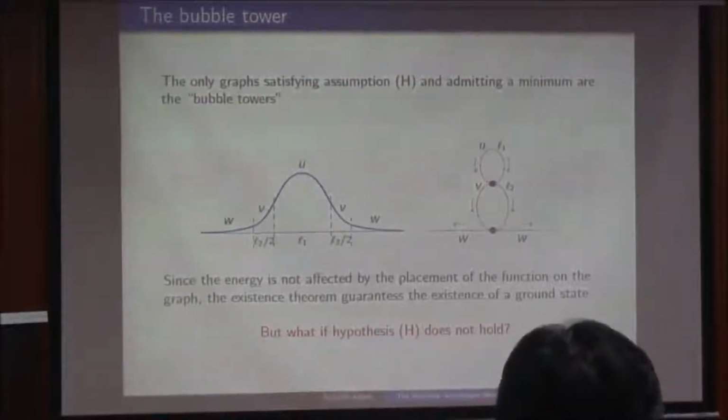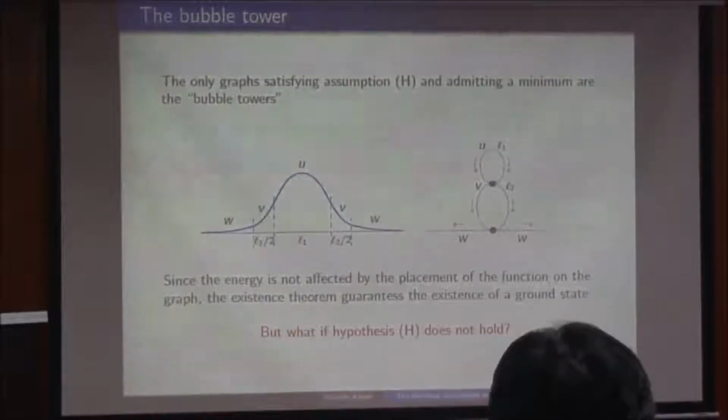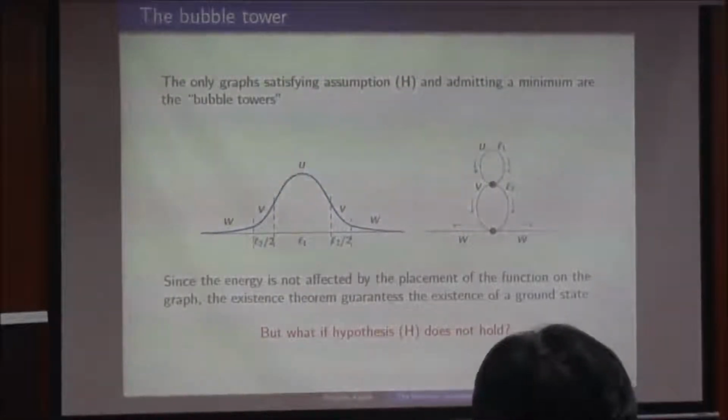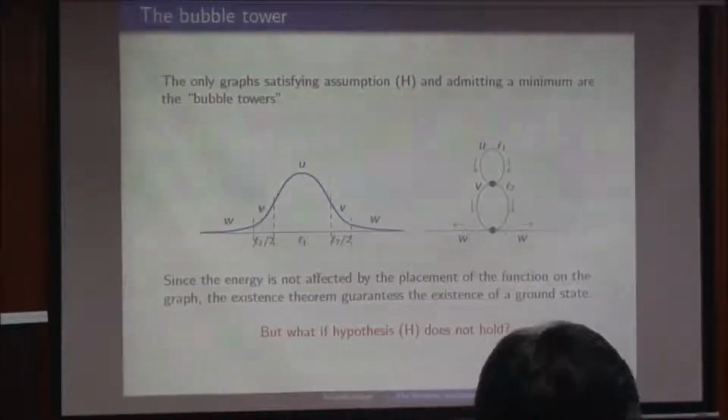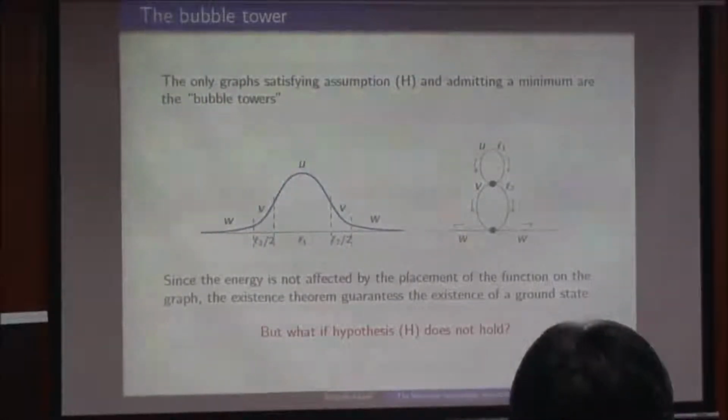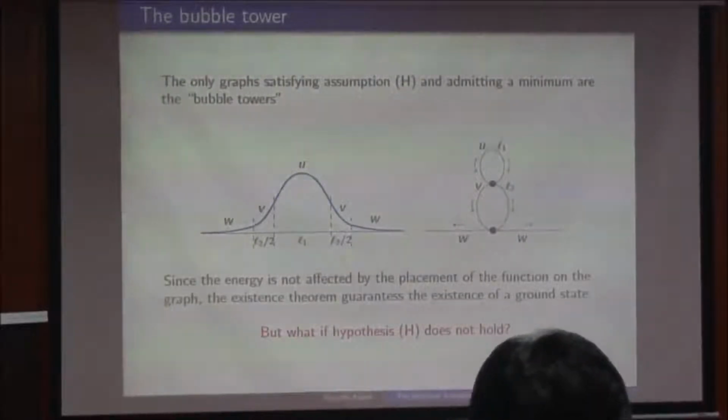and I explained it by various symbols, but let me do it slowly at the whiteboard. So here is the soliton, and here you have your bubble tower. So you have these two circles. The first circle has a length L1, and the second circle here has a length L2.